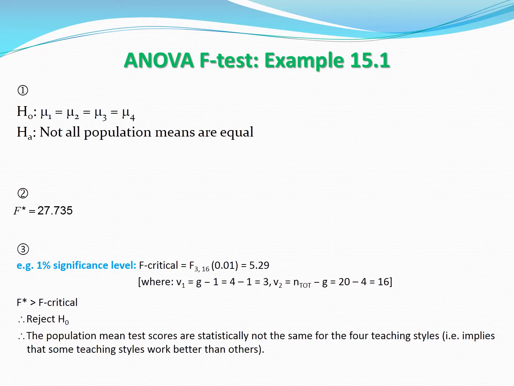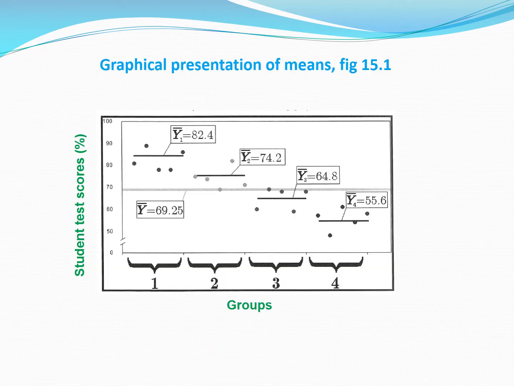So please always go back to the context of the problem in drawing your conclusion, just like we did in chapter 11. If you look at the graphical presentation of the means in figure 15.1 in the textbook, they drew a scatter plot of the data.